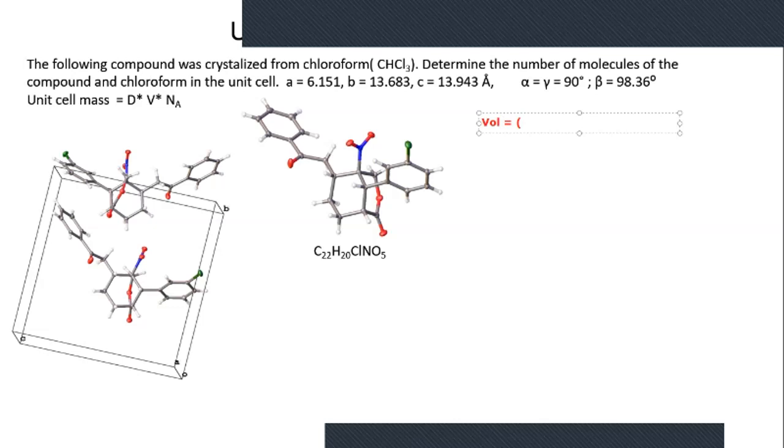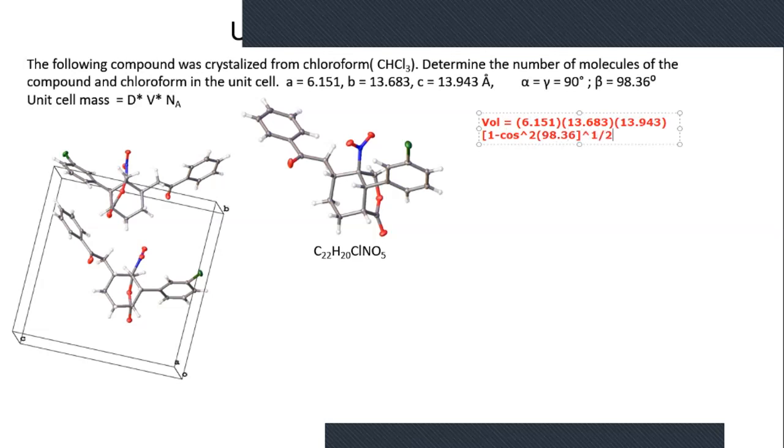So it's going to be 6.151 times 13.683 times 13.943 times 1 minus cosine squared of beta, raised to the 1/2.